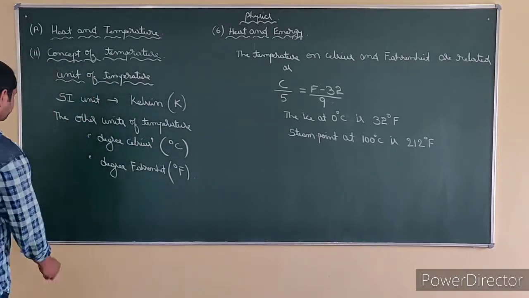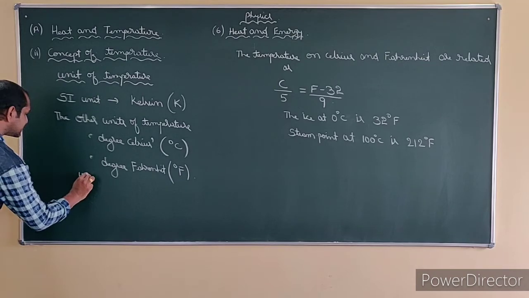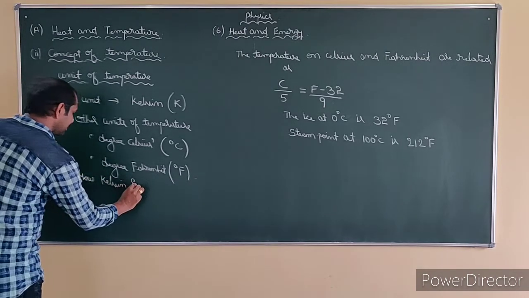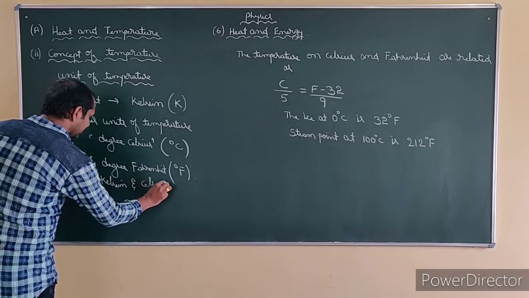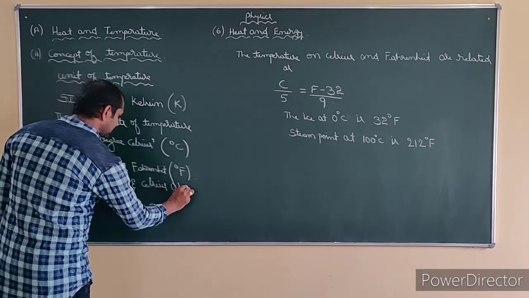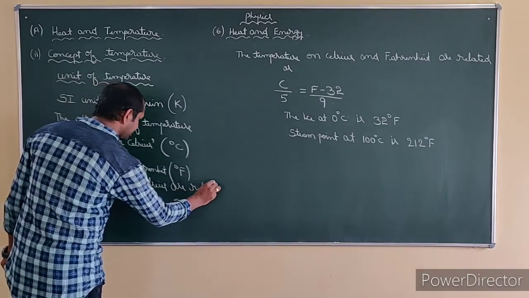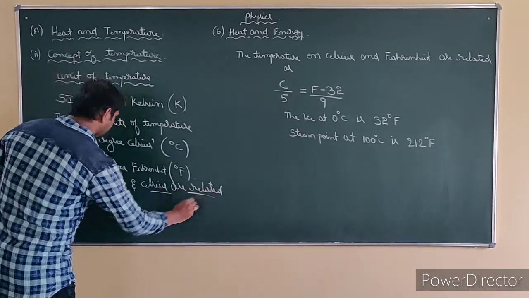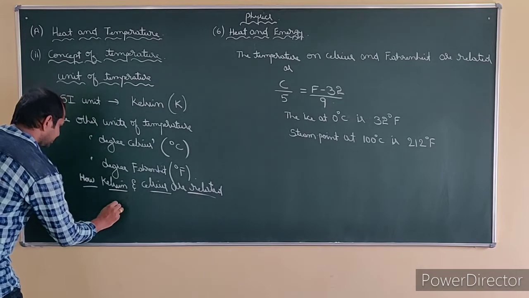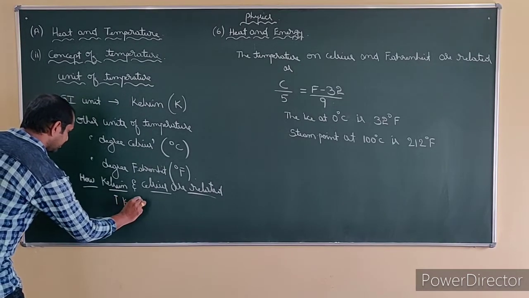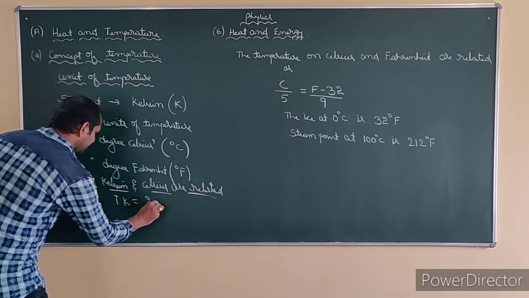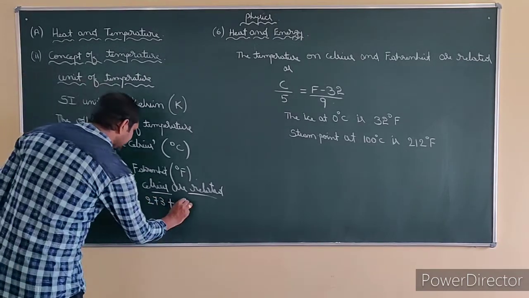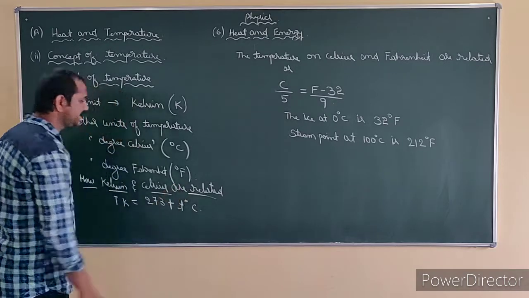Now let us see how Kelvin and Celsius are related. If you want temperature in Kelvin, you need to add 273 to the temperature in degree Celsius.